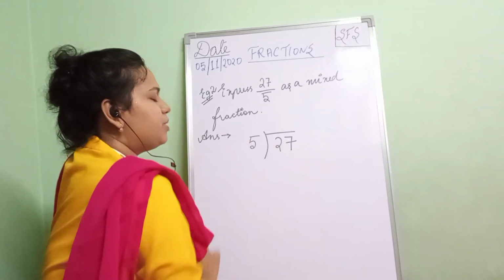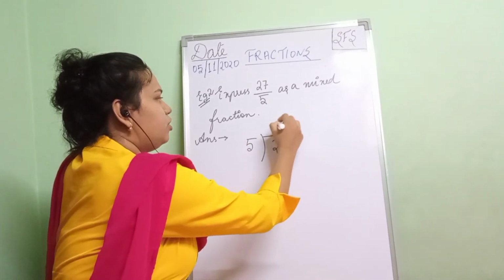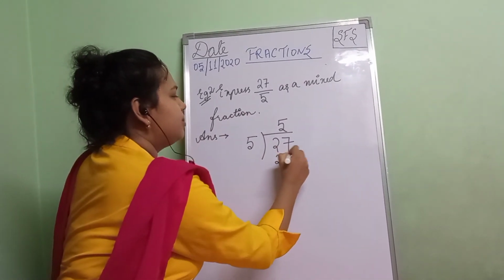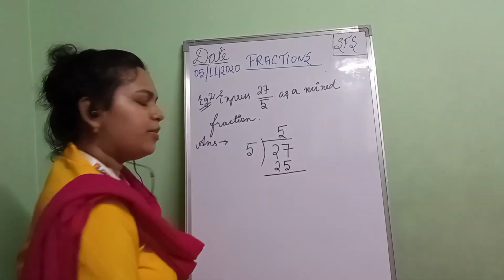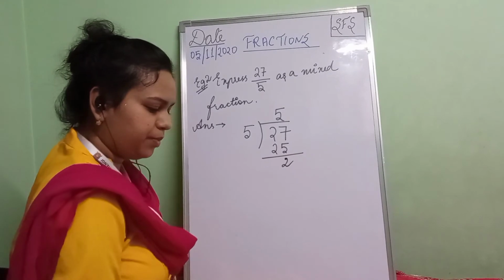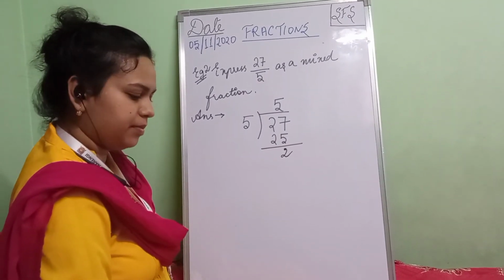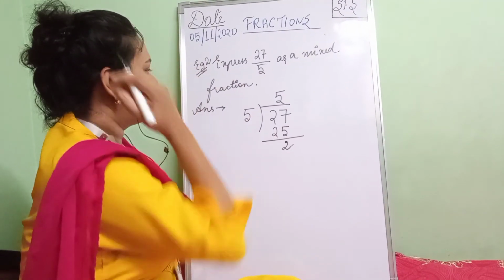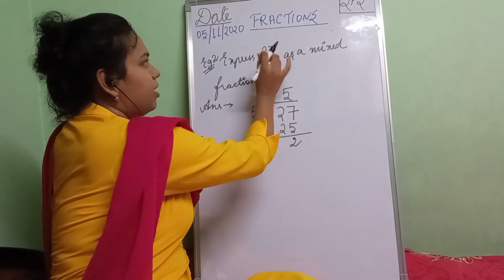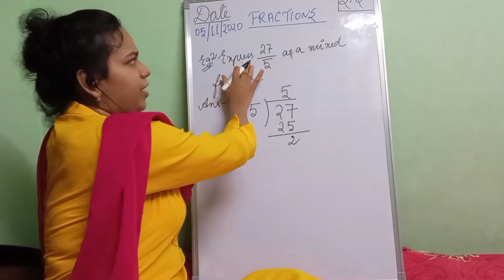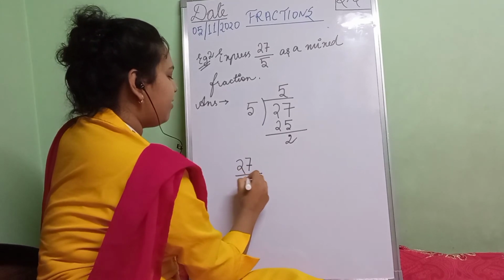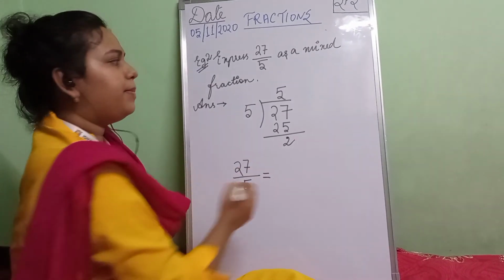So how many times will it go? It will go 5 times. So 5 multiplied by 5, you will get 25. Right? What is the remainder? 2. Okay. 2 is the remainder. That means to express the improper fraction as a mixed fraction, what can you do now? 27 by 5. What will be the whole number?